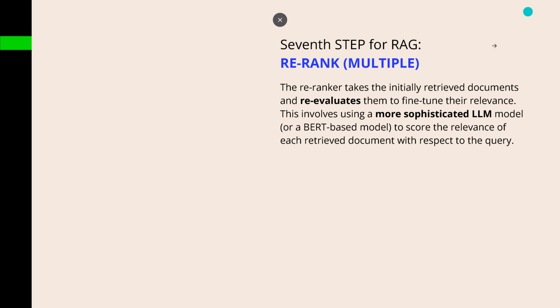And now what you have to do in step number 7 of RAG, you have to apply a re-ranker, or as we do today, multiple re-rankers. Now, a re-ranker is normally a more sophisticated LLM, or as I use it, still a sentence BERT-based model. And the re-ranker takes now all those 400 documents that came back from the vector store and re-evaluates all 400 of them to pinpoint, fine-tune, it might be not the perfect word here, to pinpoint here the, let's say, the first 100 good answers.